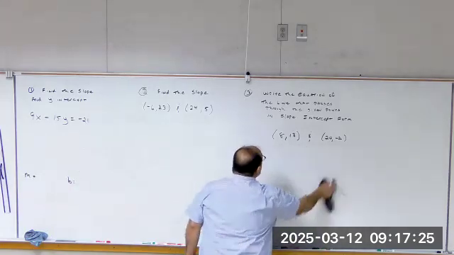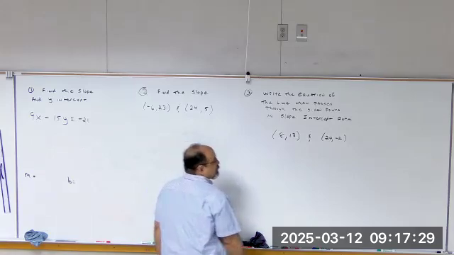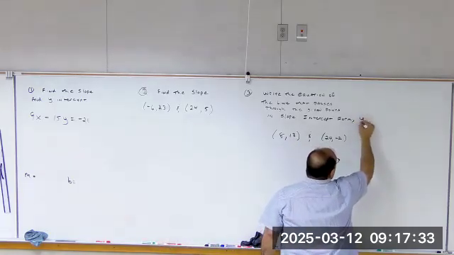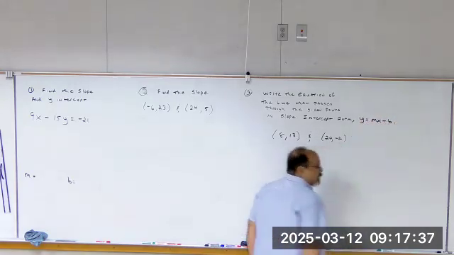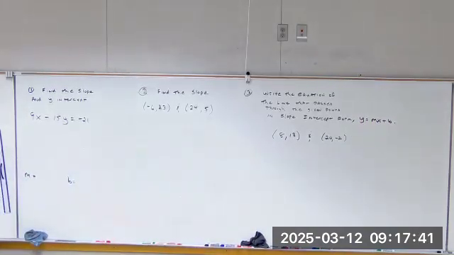It says, write the equation of the line that passes through the given points in slope-intercept form, or y equals mx plus b, just like it says in the review sheet. That's how you find the slope and the y-intercept.